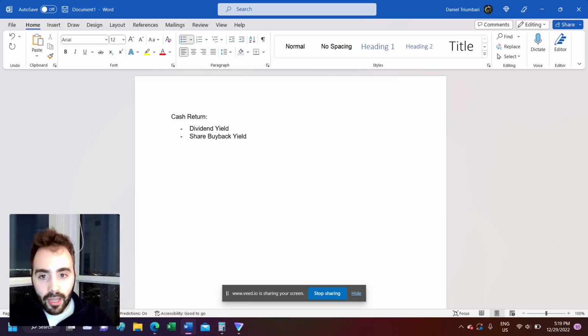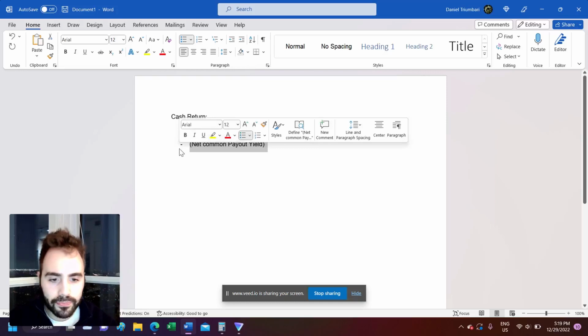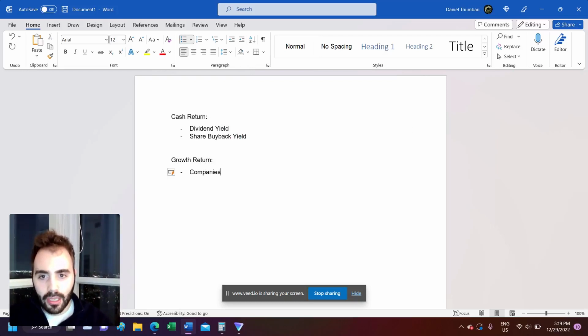By the way, these two together are known as the net common payout yield. And we have our growth return, being the company's ability to reinvest earnings.